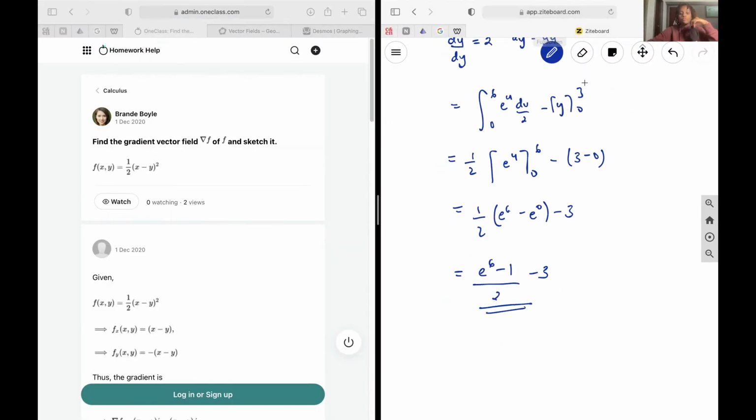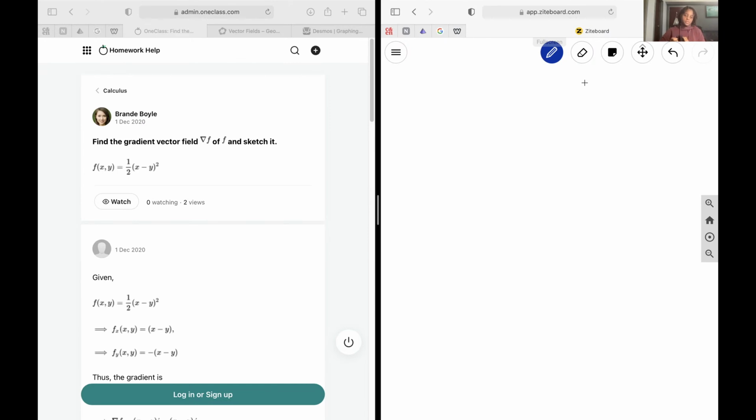Okay, next up we're looking for the gradient vector field of f, and we would like to sketch it. You will find vector fields that can be expressed as the gradient of scalars. An example is the gravitational force, which is the negative gradient of negative GMm over r.